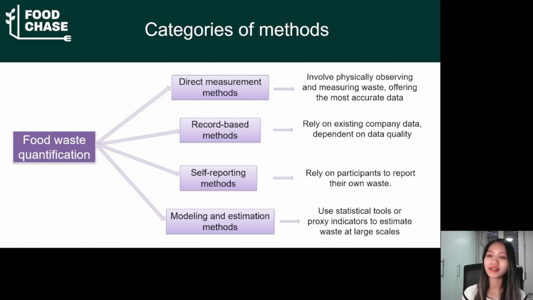So it's very subjective because it relies heavily on the commitment and the honesty of participants. When you don't have direct data, you can use modeling and estimation methods, which use statistical tools or proxy indicators to estimate waste at large scale, like a region or even the whole country.